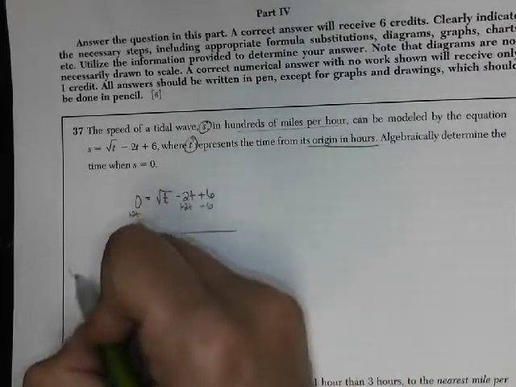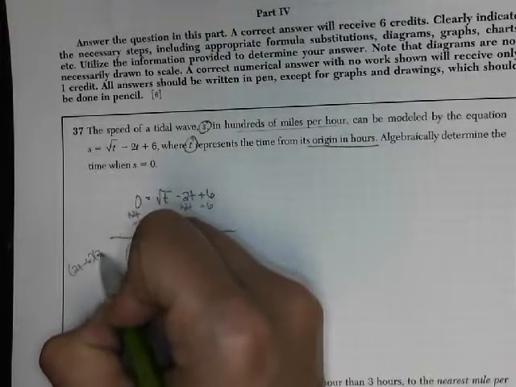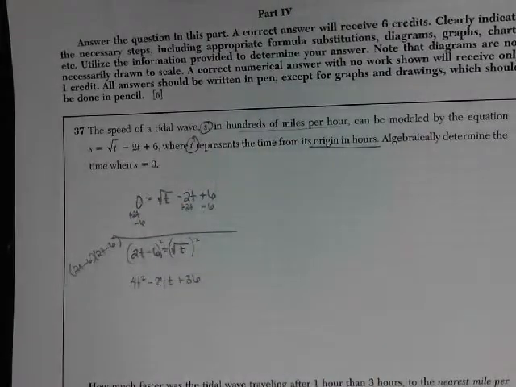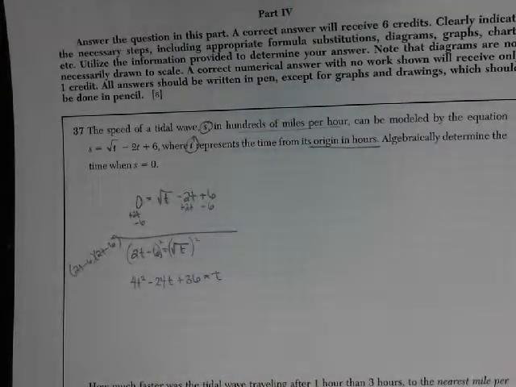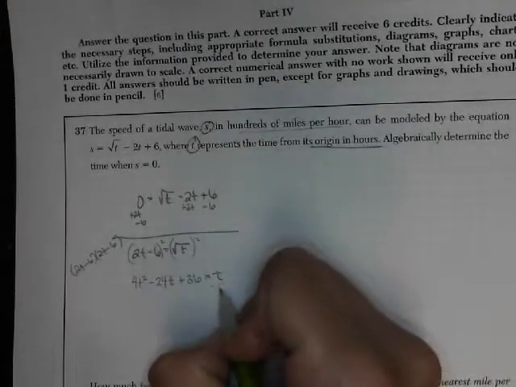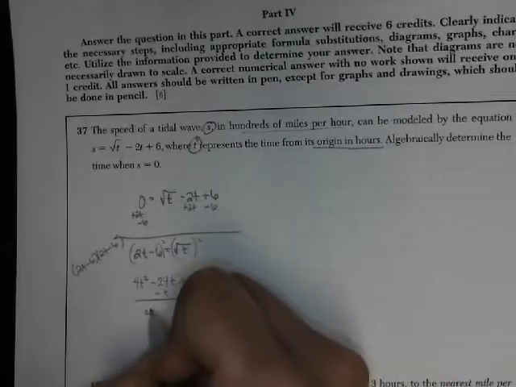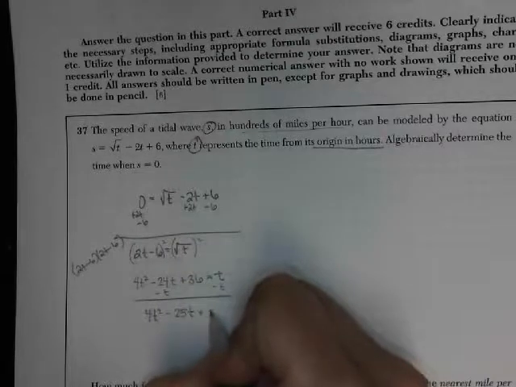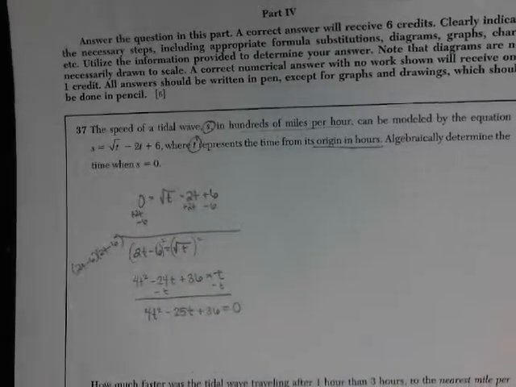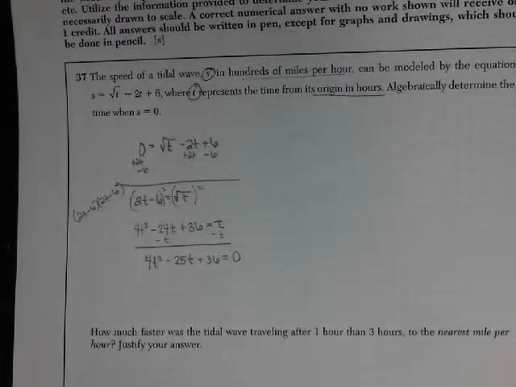If you need to expand that and do it out, please do, to make sure that you're accurate. Equals t, and then I'm going to subtract this t over. I get 4t squared minus 25t plus 36 equals 0, and then I'm going to factor this.